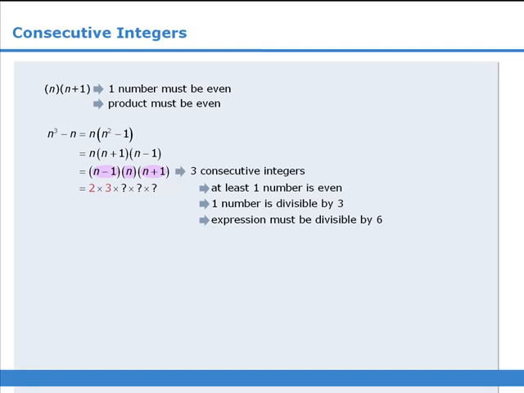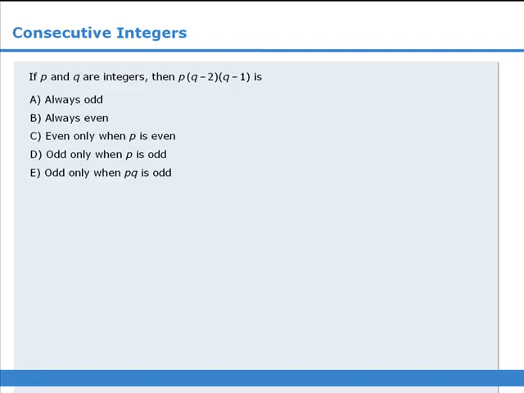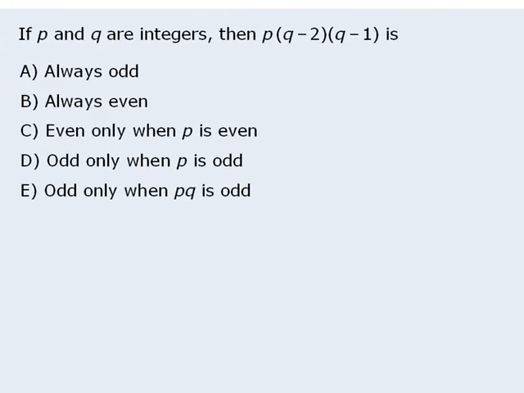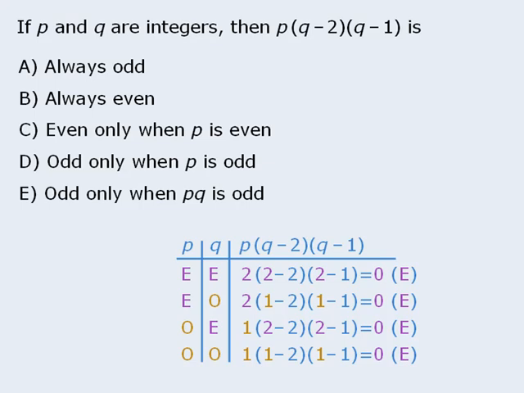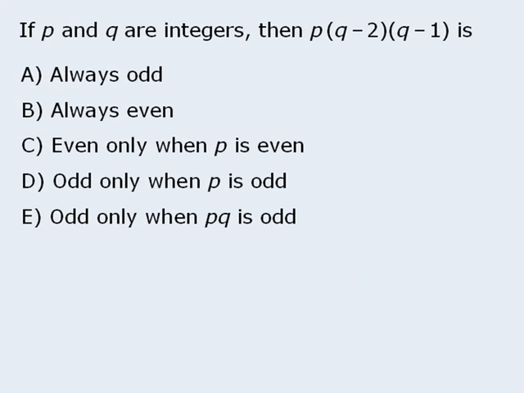Now, to finish this lesson, let's revisit a practice question that we examined earlier. When we first tackled this question, we used a table to study all of the possible cases. Here we noticed that the expression was even in all 4 cases, so we correctly chose B as our answer. Now let's try a different approach. We want to determine how the values of P and Q affect whether this expression evaluates to be odd or even.